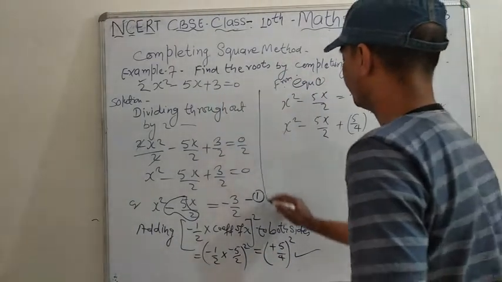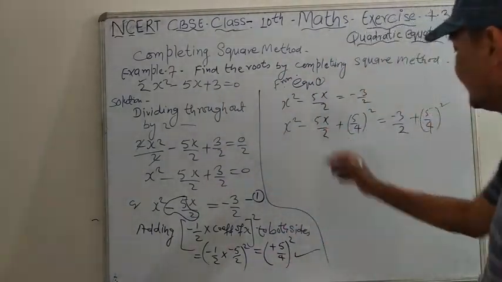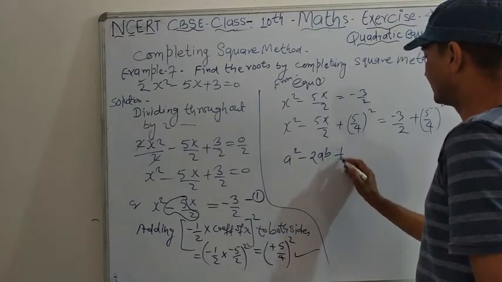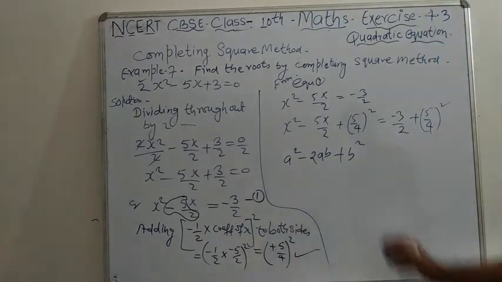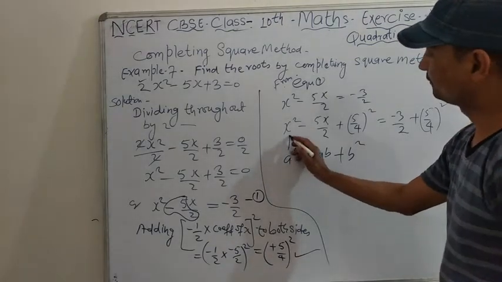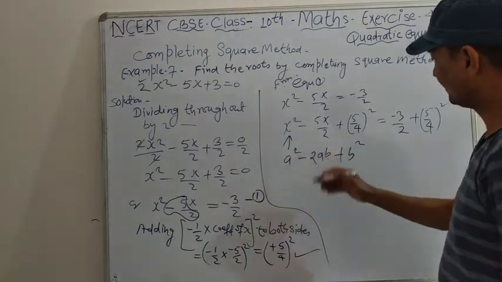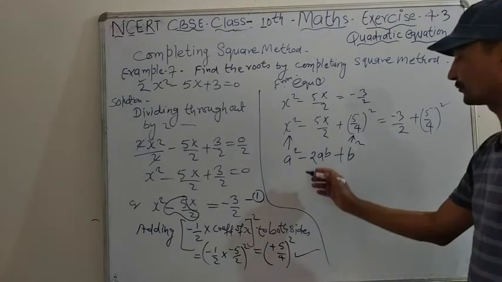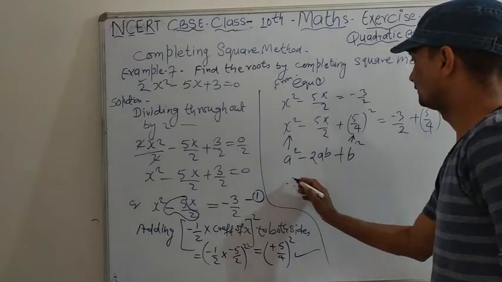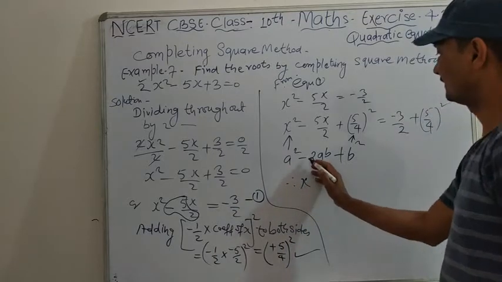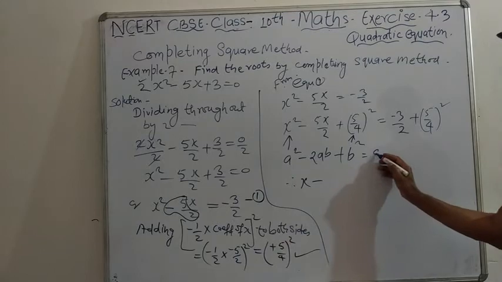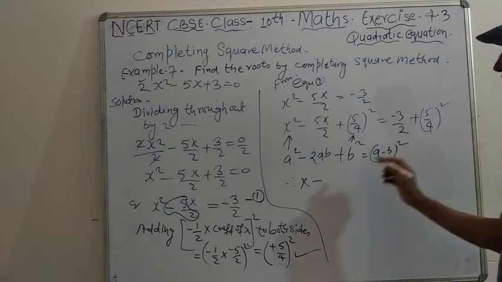Now see here, it is a square, it is minus 2ab, it is plus b square. So a is x, and b is 5 by 4. You know this thing: a square minus 2ab plus b square is a minus b whole square.